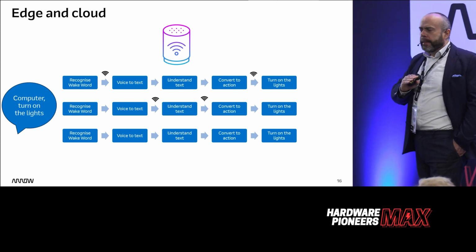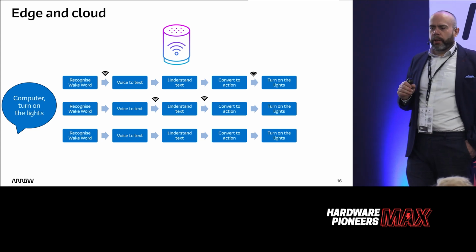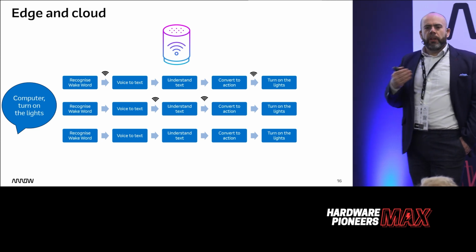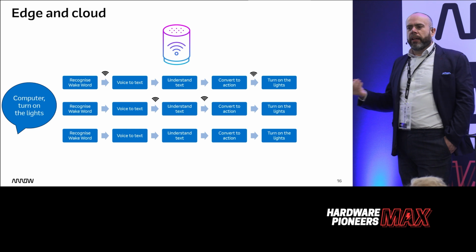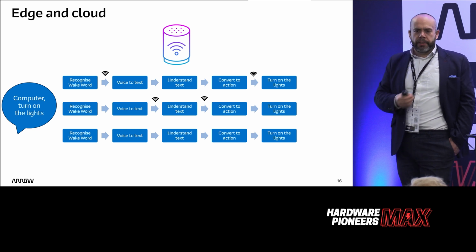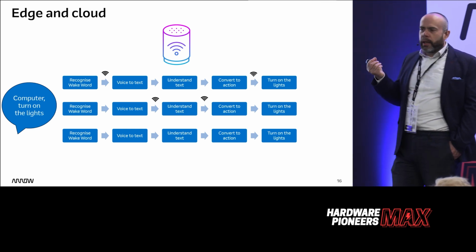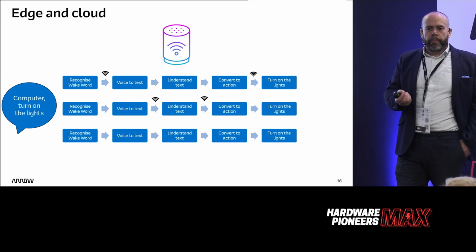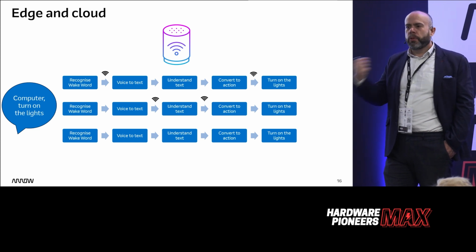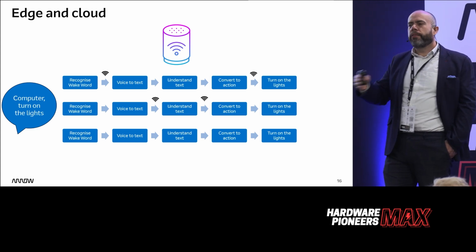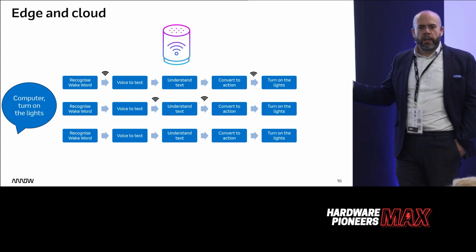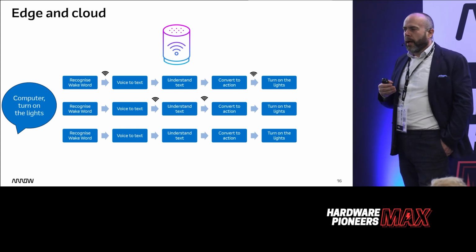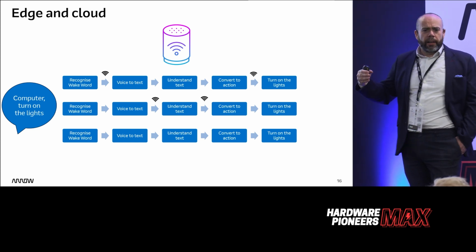So for the simplest Echo, the majority of them that are available today, the only thing that's done in the device is the recognition of the word Alexa. So the Echo has a small AI engine in it that can do voice recognition of the word Alexa and 3 or 4 other words that you can teach it or that you can ask it to use, in case you don't like saying Alexa.